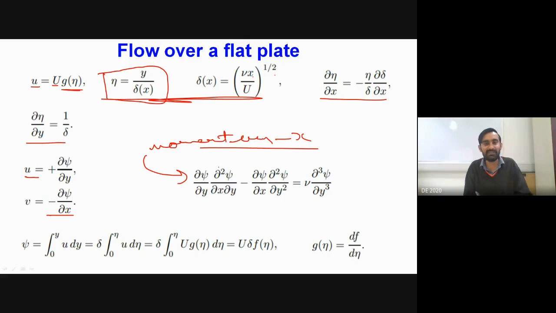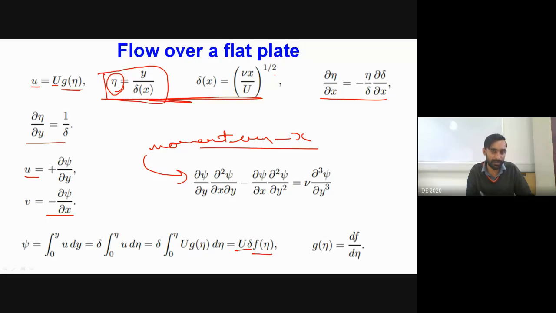So this momentum equation is now represented in terms of the stream function. We know that the stream function is psi. I can simply write the integral of u dy, and u I am writing as capital U times g of eta. If I change the limits from 0 to y to 0 to delta, because I am taking the y direction with eta as my similarity parameter, I will finally find that U into delta is equal to f of eta.